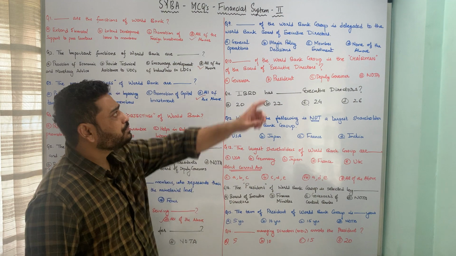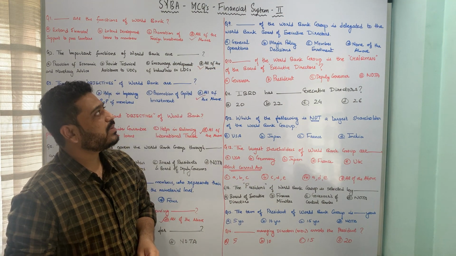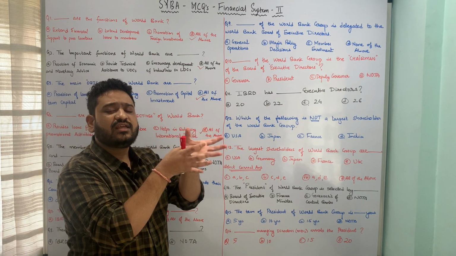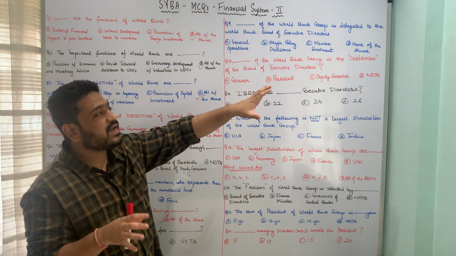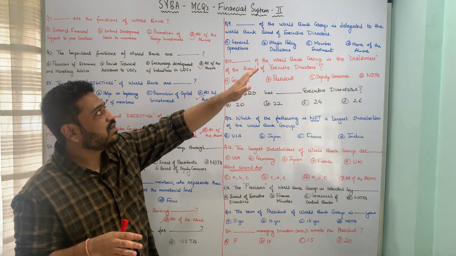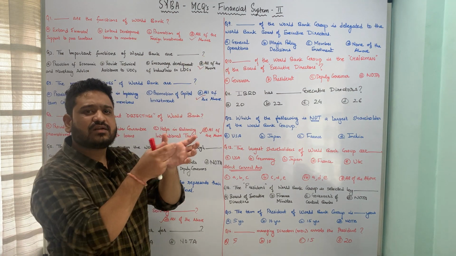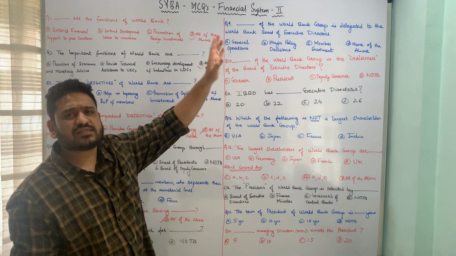The next one is dash of the World Bank Group is delegated to the World Bank Board of Executive Directors. The World Bank Group has given certain functions exclusively to the Board of Executive Directors. And what are these functions?